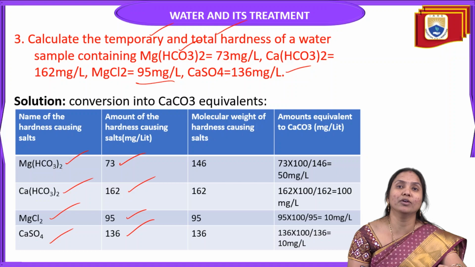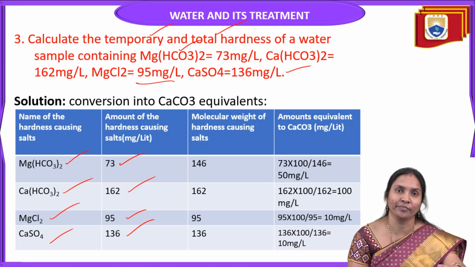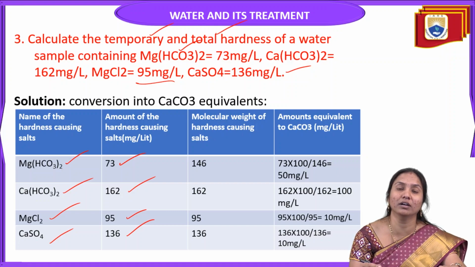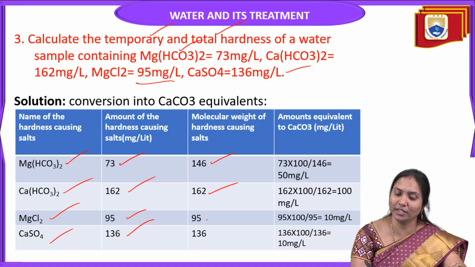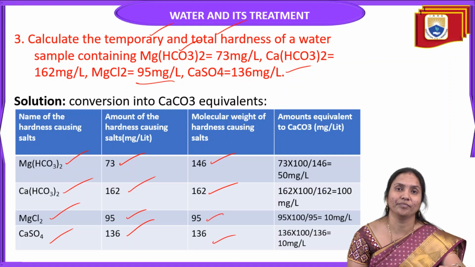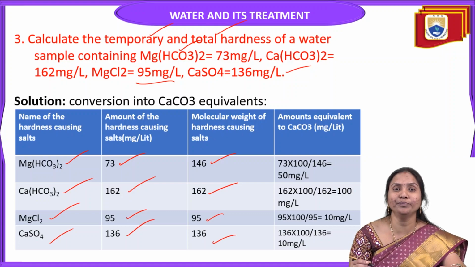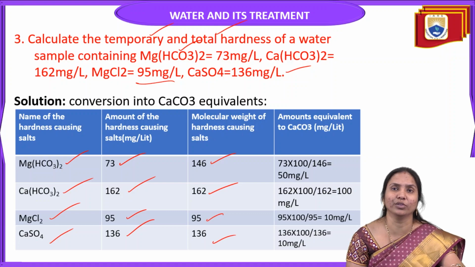Now the molecular weights of the given salts: the molecular weight of magnesium bicarbonate is 146, calcium bicarbonate is 162, magnesium chloride is 95 and calcium sulfate is 136. Then we can convert them into equivalents of CaCO3.